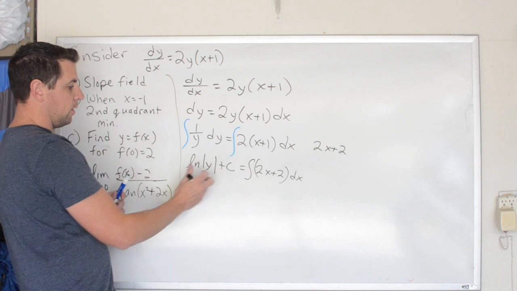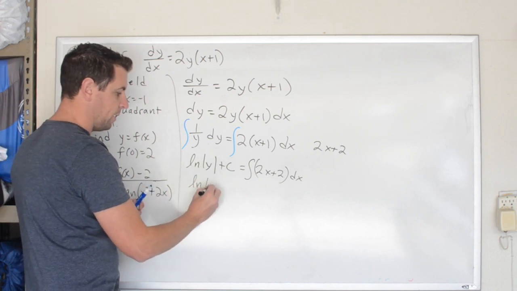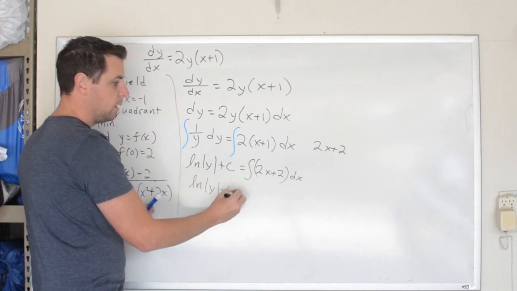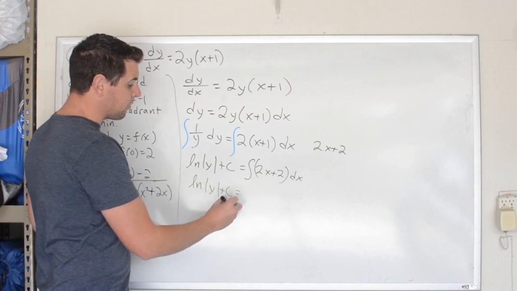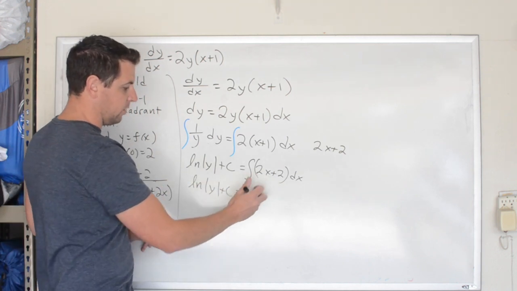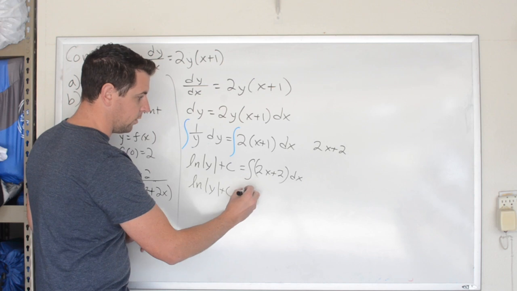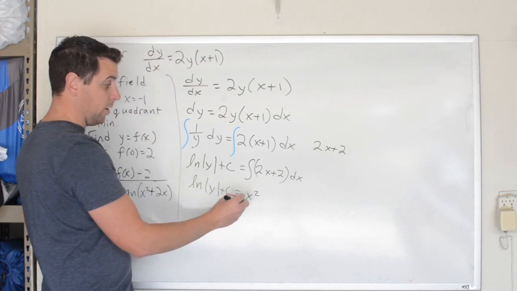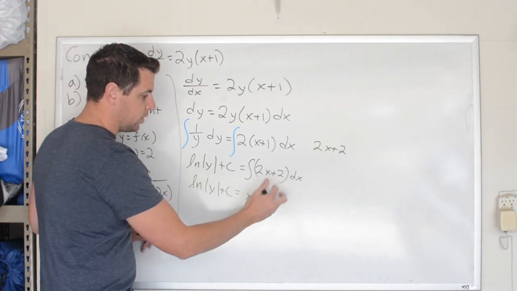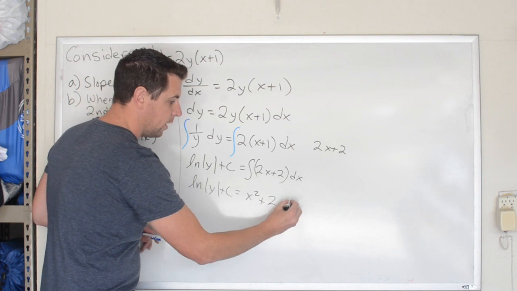And then we integrate this. So I still have natural log of the absolute value of y plus c equals the integral of this: the integral of 2x turns into just x squared, plus the integral of 2 goes to 2x, and then we have a plus c.